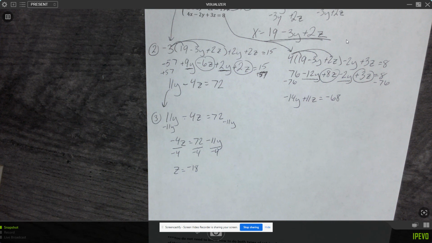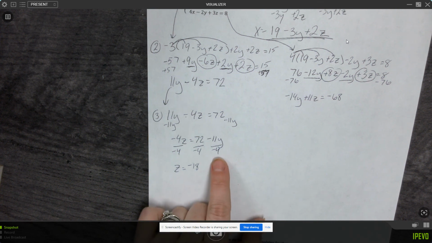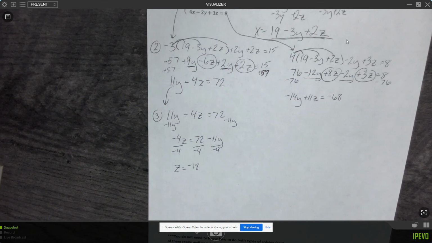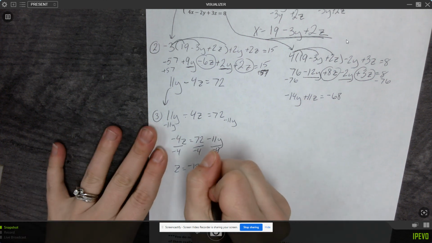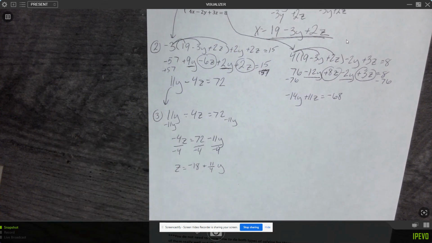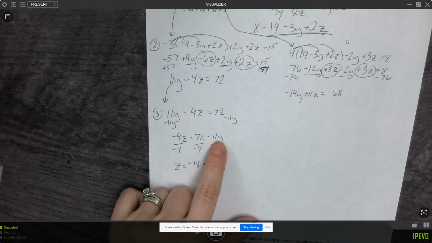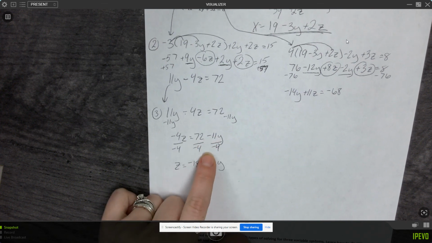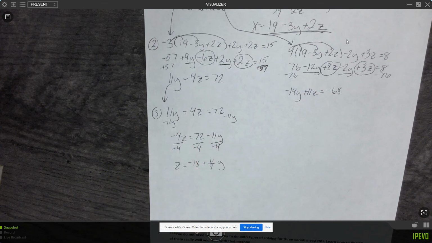But you are going to have negative 11 divided by negative 4. That is going to be a fraction. The only thing you can simplify is that two negatives make a positive. So you can make this into positive 11 over 4 y, and you should write it as a separate number and variable. So don't keep it like negative 11y over 4. I would write it as a fraction with a y attached.